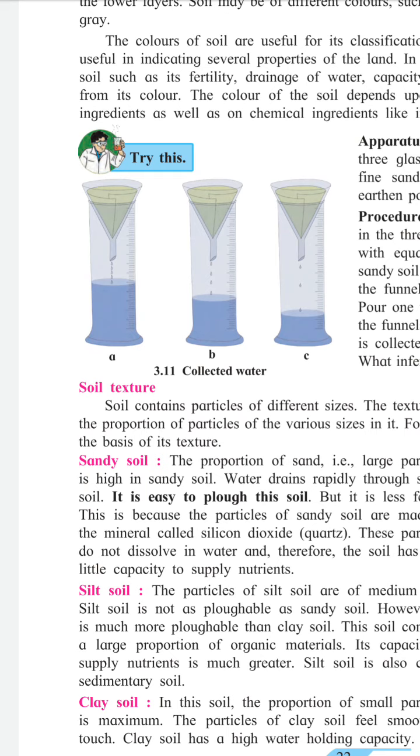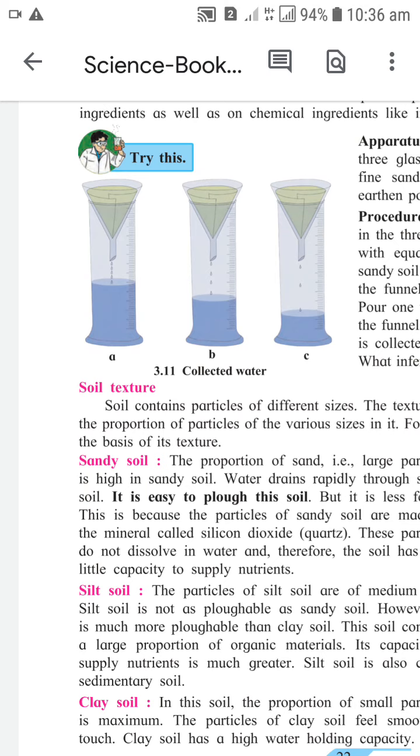Fill the cones with equal quantities of sand, sandy soil and clay respectively, all the 3. Place the funnels on the measuring cylinders.